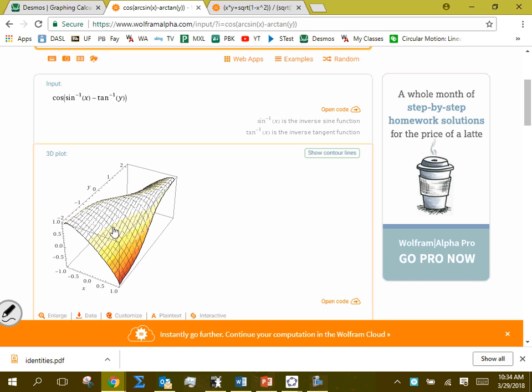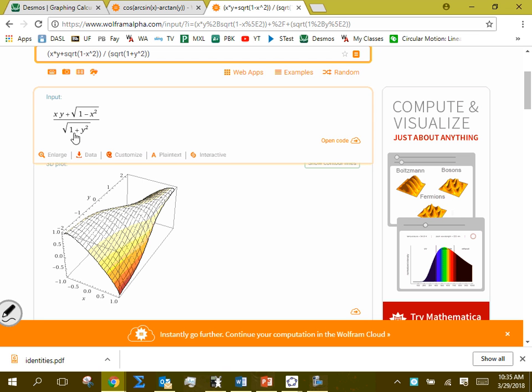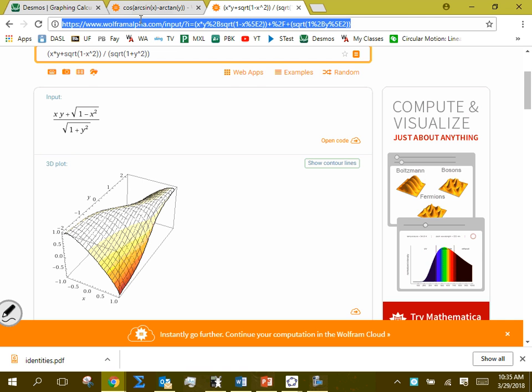But this would be what we call a 3D plot of that. If I do the 3D plot of the simplified version, the version that we came up with, xy plus the square root of 1 minus x squared over the square root of 1 plus y squared, the picture's the same. So there is that graphical approach to look at as well.